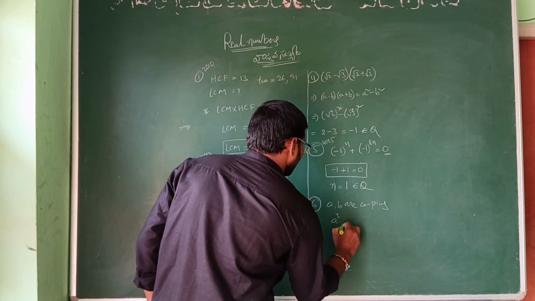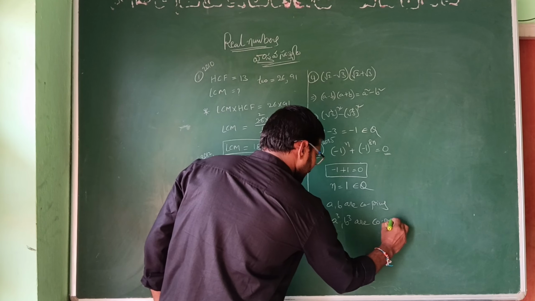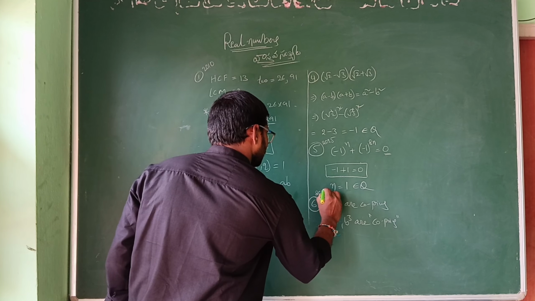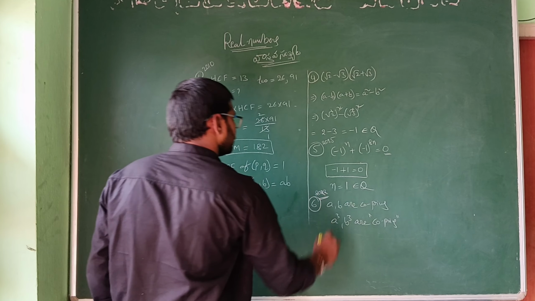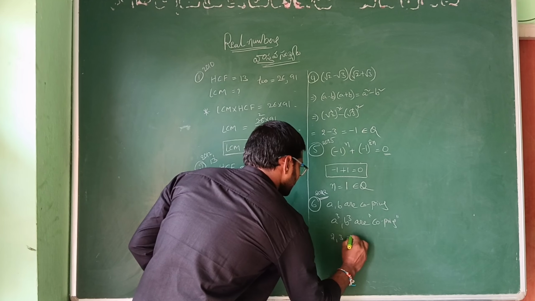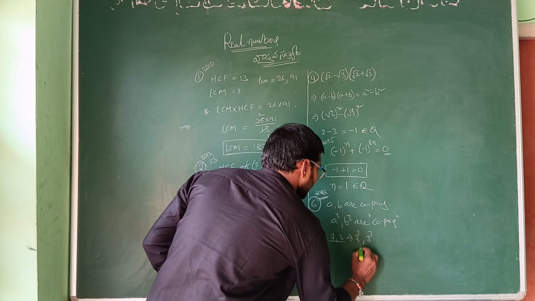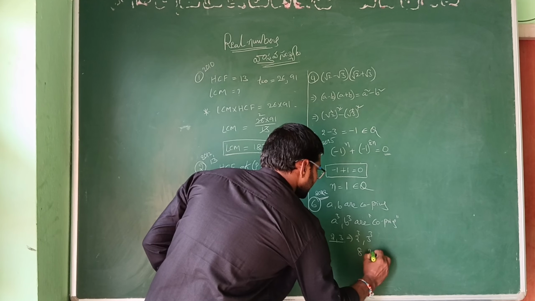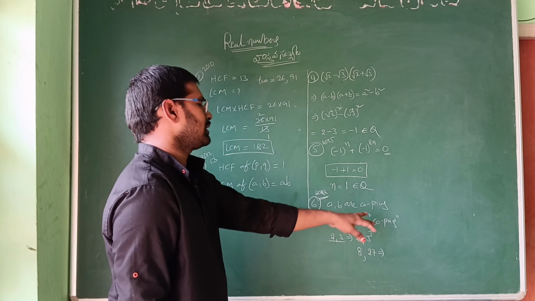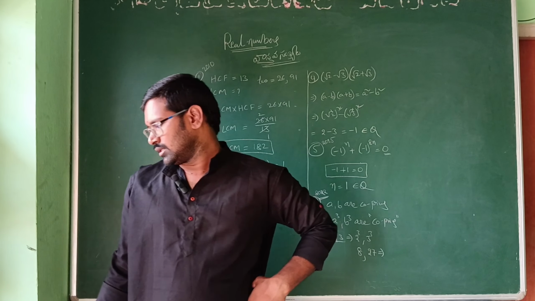These are also co-primes only, definitely. Suppose you take 2, 3. 2 cube is 8, and 3 cube is 27. These two are also co-primes. 8, 27 are co-prime and 2, 3 are also co-prime. Good.